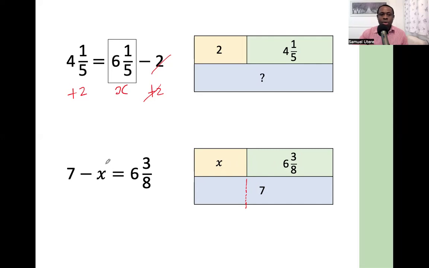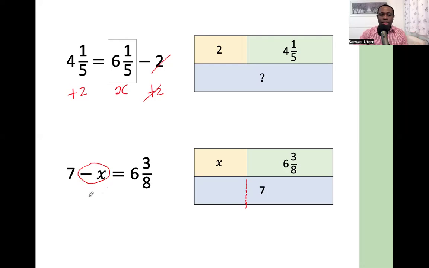Now, we want x to be on its own, but take note that we always consider the sign next to whatever we're doing. When we're dealing with variables, we always take the sign next to it, to the left of the variable. Now, we want positive x, not negative x. So, but let's isolate negative x and see what happens.